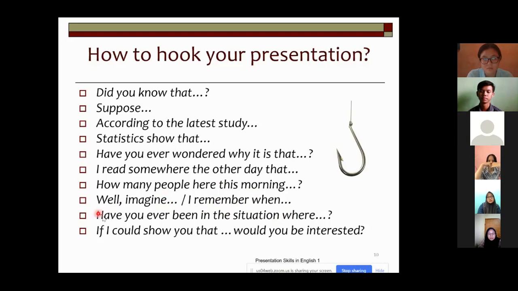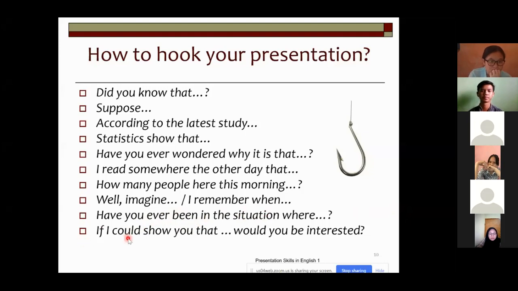Or, ladies and gentlemen, have you ever been in a situation where blah, blah, blah. So you ask your audience, have you ever been there, or maybe not, but let's try to be there.